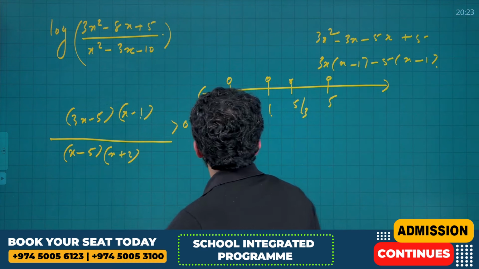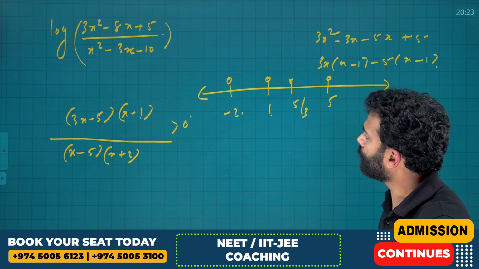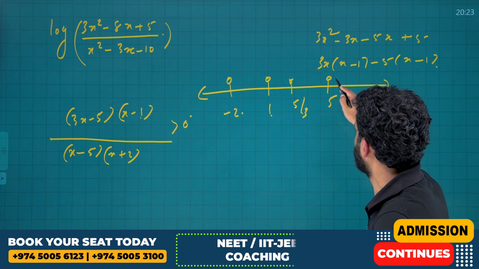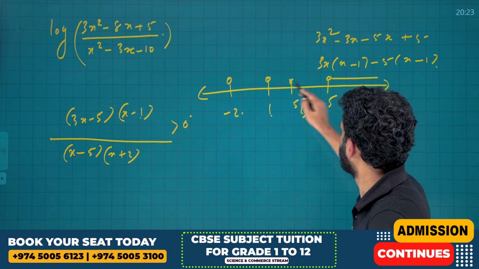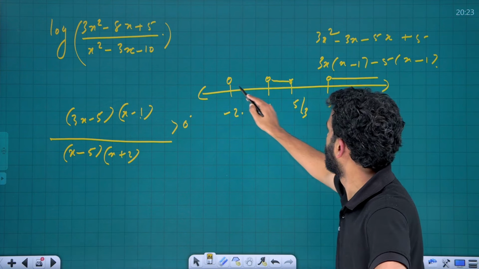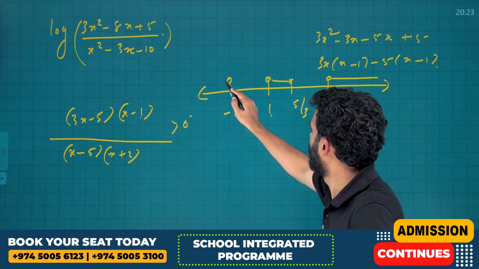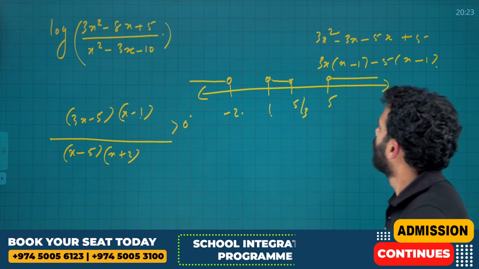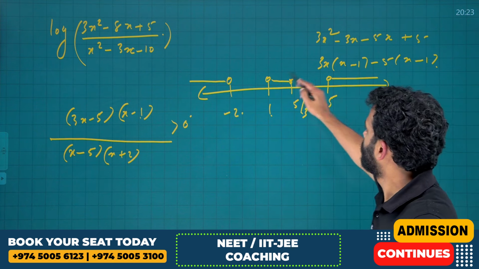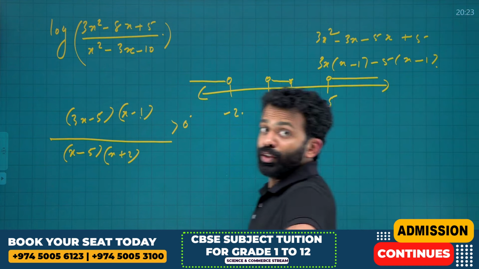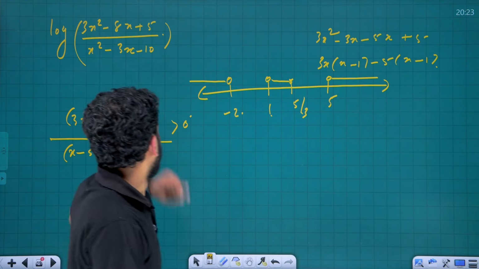Tell me a number which is greater than 5. 10. If you substitute 10 here, you get a positive number. So this will be negative, this will be positive, and this will be negative, and this also. So it will be positive, negative, and positive. So this is the domain for this one.